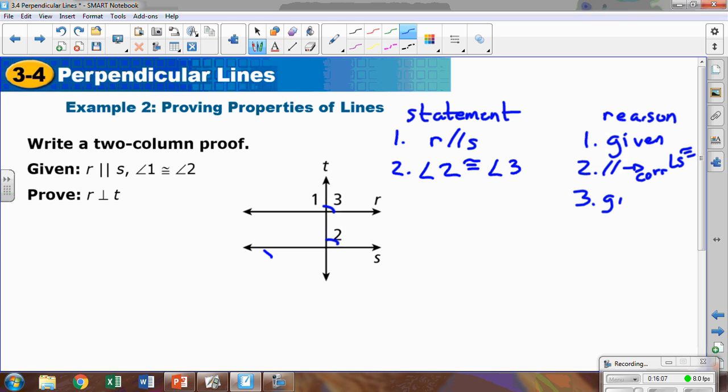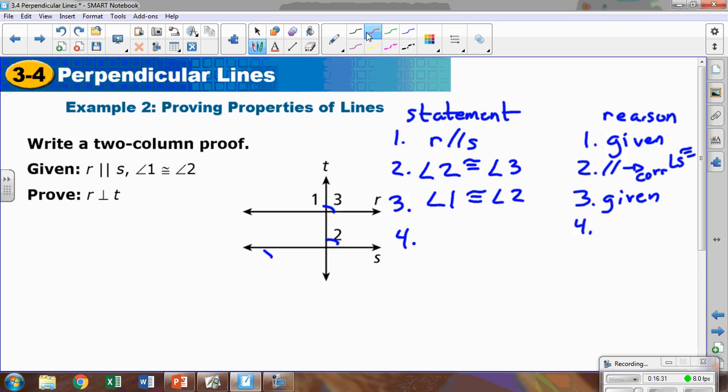We had a second piece of given information. What was it? Okay, since angle 1 is congruent to angle 2. At this stage, we need to recognize something from algebra.